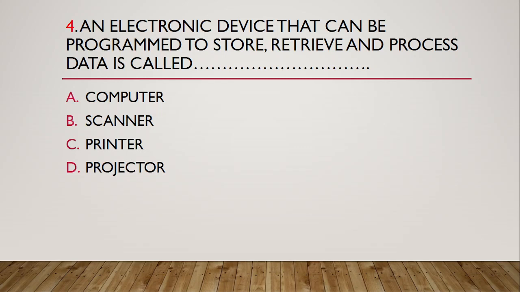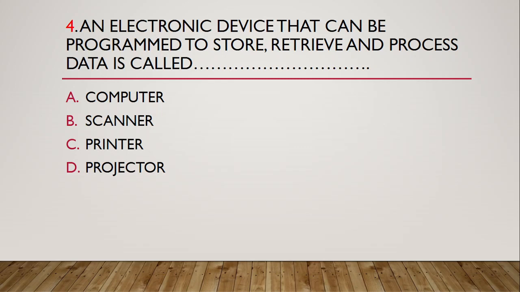Okay, let's come to question number 4. An electronic device that can be programmed to store, retrieve, and process data is called dash. A. Computer. B. Scanner.